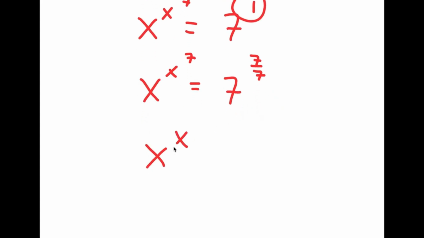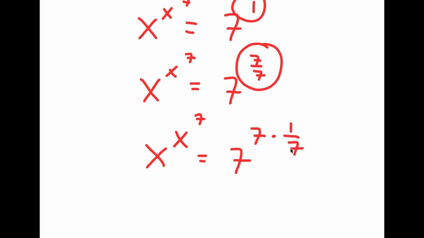Now, for the 7 over 7 here, I can rewrite this as 7 times 1 over 7, which is the same thing as 7 over 7.